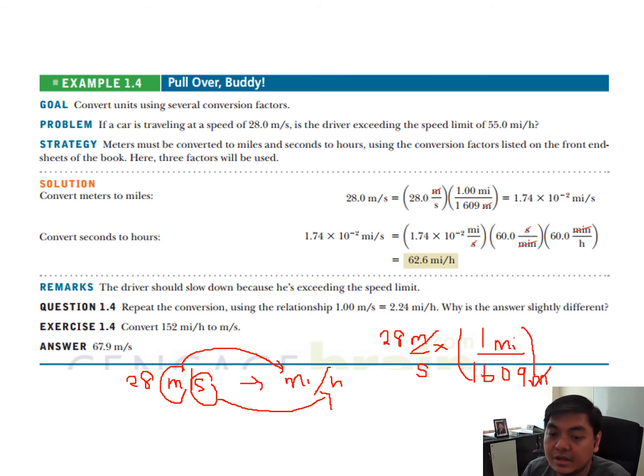But how about s? We put another bracket over here. If you wish to cancel out s, it is at the denominator level, at the bottom. So if you want to cancel s, you should put 3600 seconds.